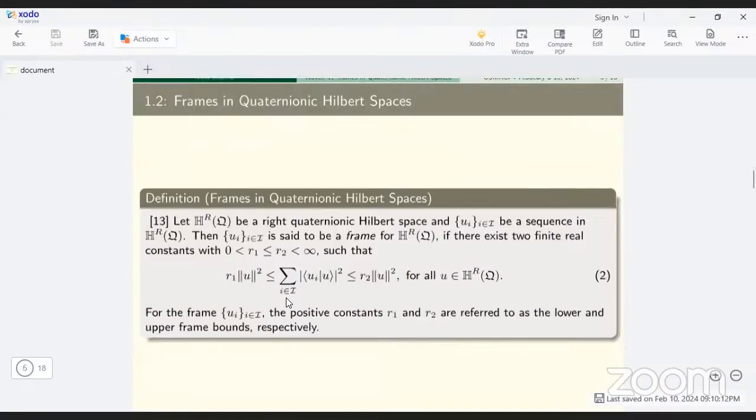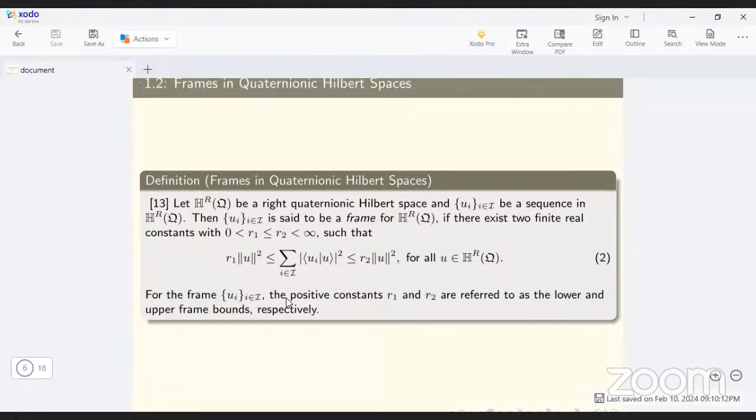Yesterday, the field of quaternions was defined by Professor Sumit, and the motivation was also given there. So let me recall frames in quaternionic Hilbert spaces. Quaternions are non-commutative in nature.